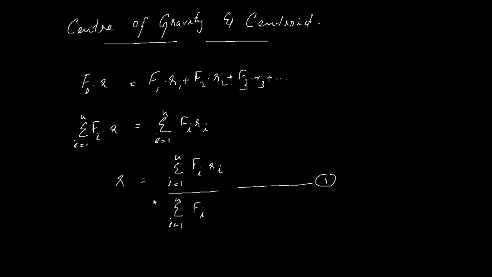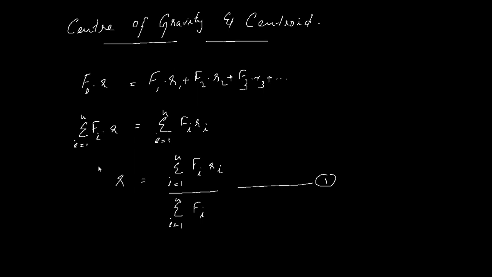Just to remind you, the principle of moments states the moment of a force about any point will be equal to the sum of the moments of the component forces about the same point. So if you have F1, F2, F3, etc. up to Fn forces, then the sum of moments of these forces about a point will be equal to the moment of the resultant force about the same point.